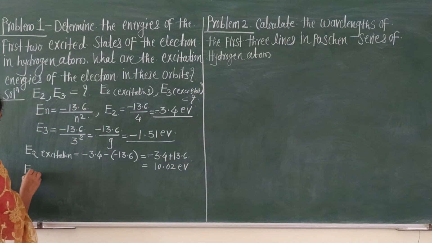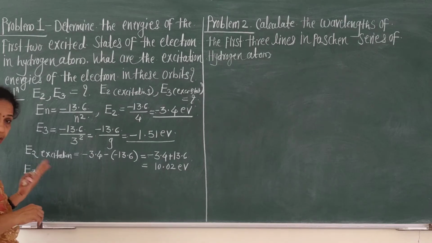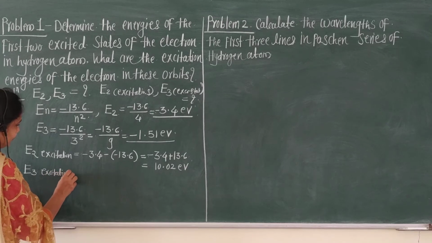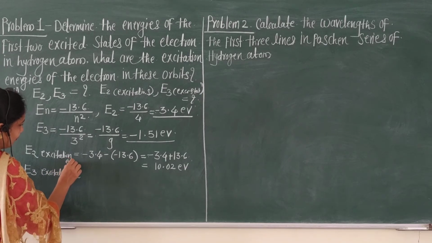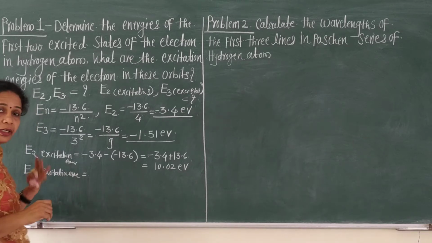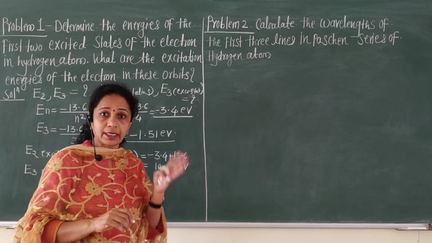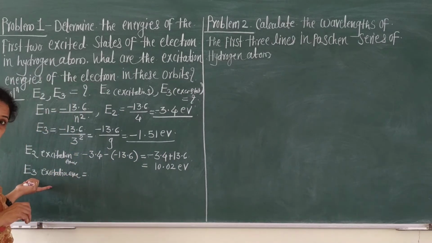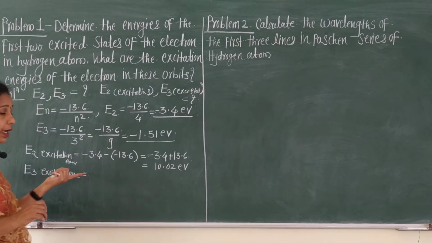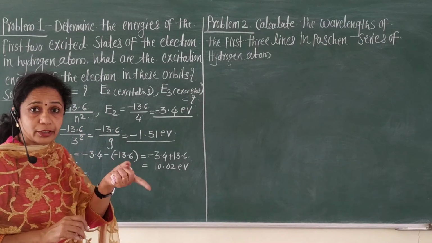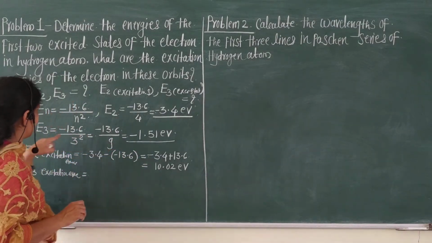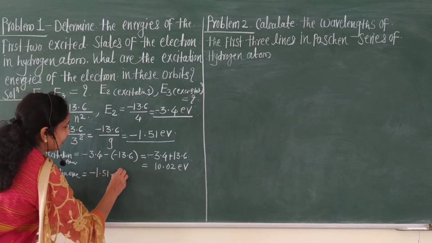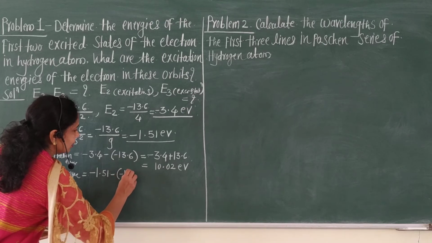Now, the excitation energy for the third orbit. It is the difference between the energy of the electron in that state, that is E3, and the energy of the electron in the ground state. E3 is minus 1.51 minus the ground state energy, minus 13.6.